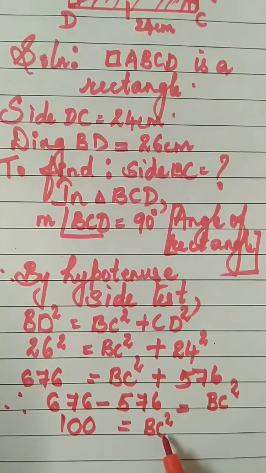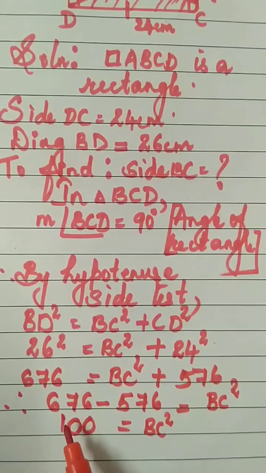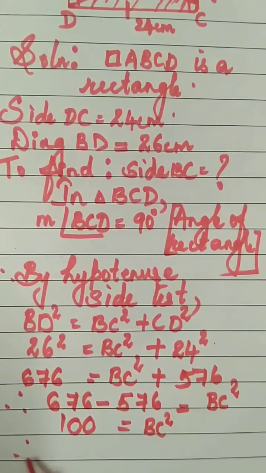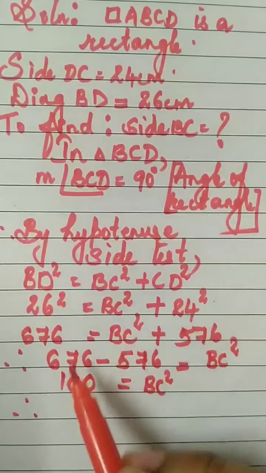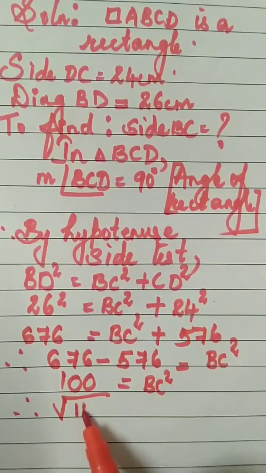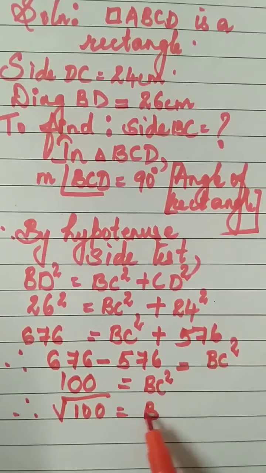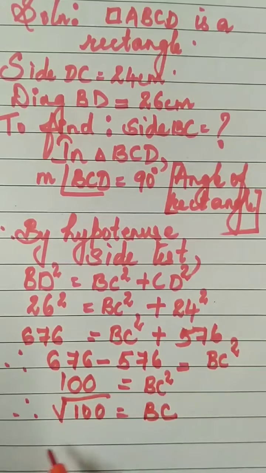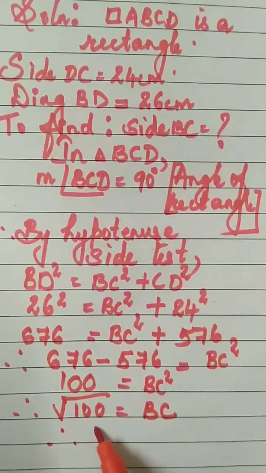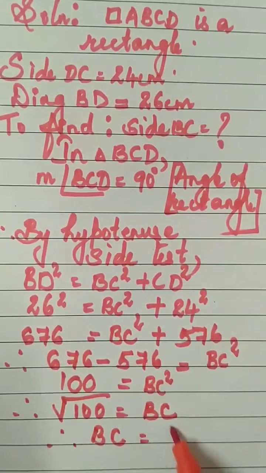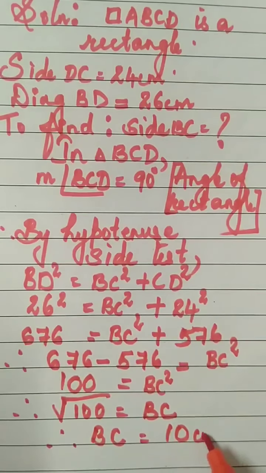So how much will be BC? Square goes to the opposite side. It will become square root. So therefore, square root of 100 is equal to BC. Therefore, what will be square root of 100? 10. So BC is equal to 10 centimeter.